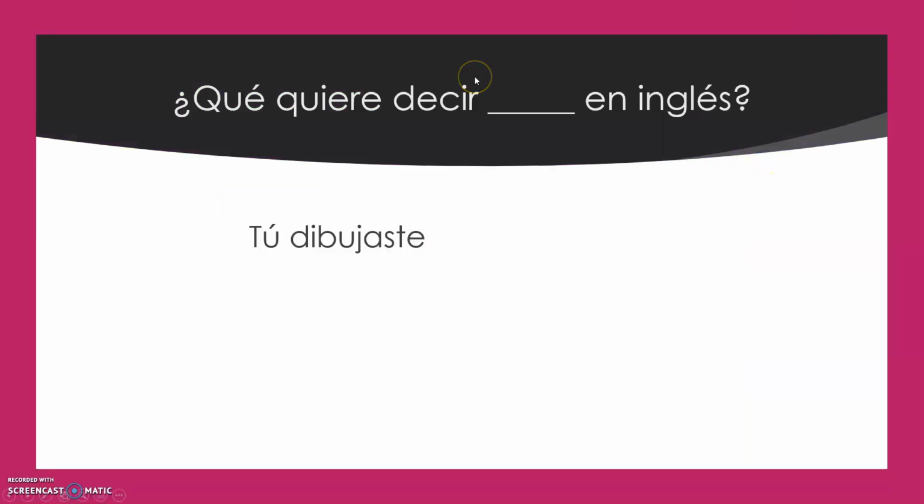¿Qué quiere decir tú dibujaste en inglés? Tú dibujaste means you drew. Okay, so one time or a specific number of times you drew. ¿Qué quiere decir ella llamó en inglés?